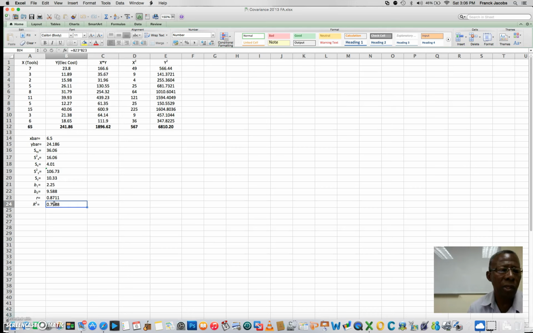This coefficient of determination refers to the proportion of the variation in y, the dependent variable, that is explained by the variation in the independent variable. The balance, the residual percentage, refers to the unexplained variation. That is essentially what this exercise is about.